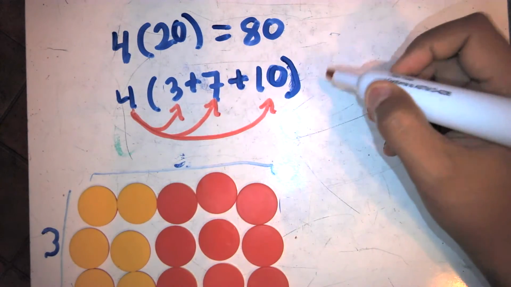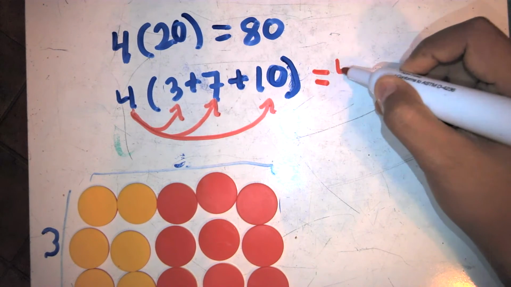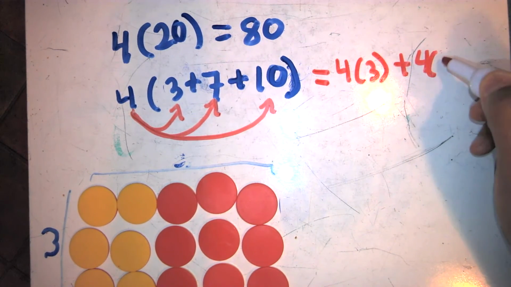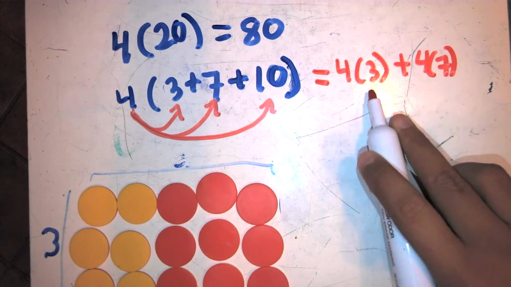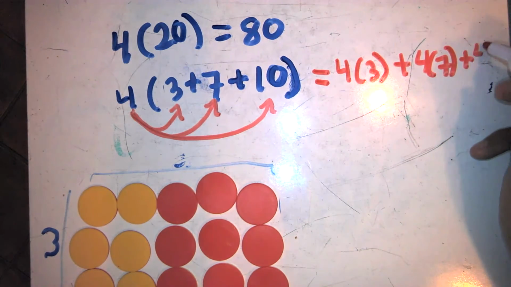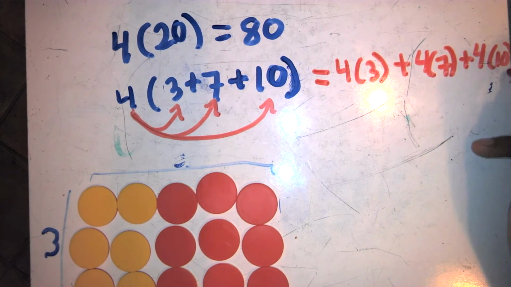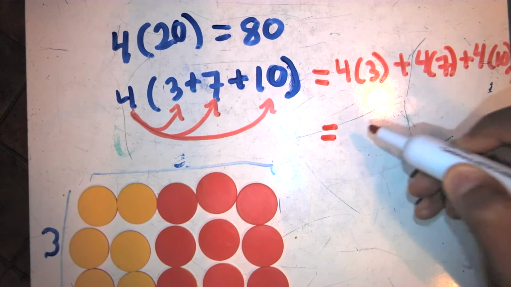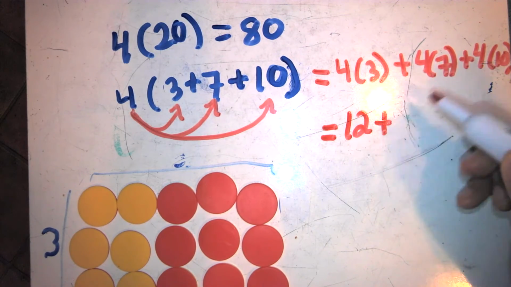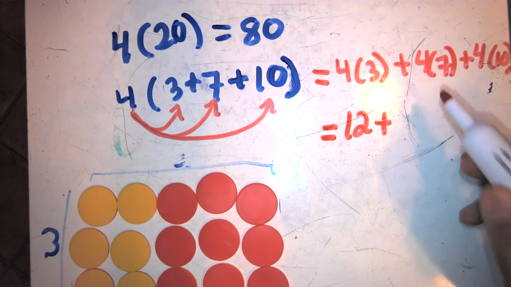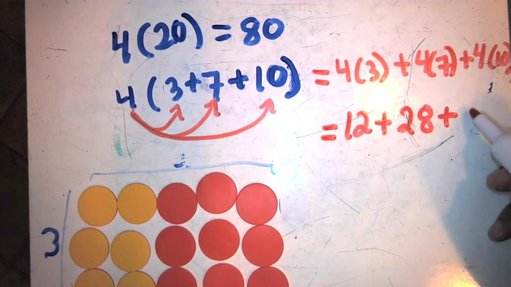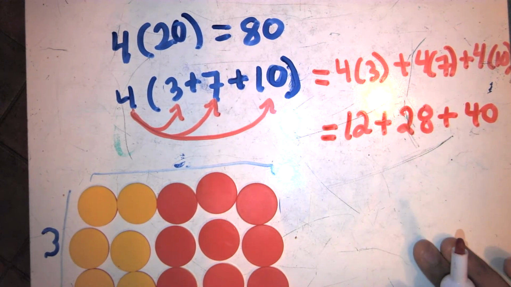So 4 times 3 is going to give me, I can write it like this just so I don't forget that 4 is being distributed to the 3, the 7, and to the 10. 4 times 3 is going to give me 12 plus 4 times 7 is going to give me 28 plus 4 times 10 is going to give me 40.